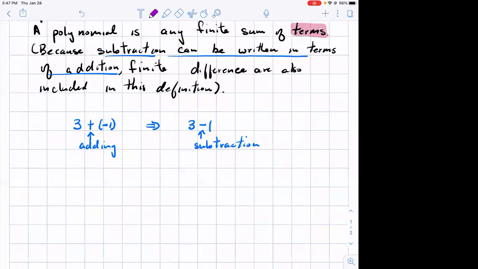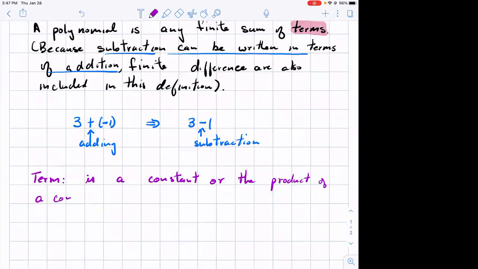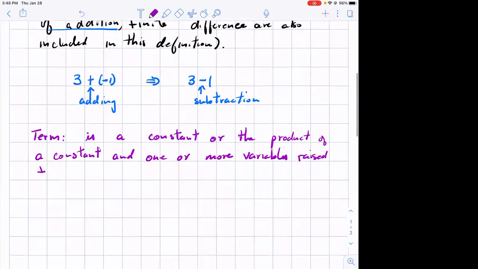So now we may want to think of what is a term? What is a term? Well, a term is a constant, okay, or the product of a constant and one or more variables raised to whole number exponent.